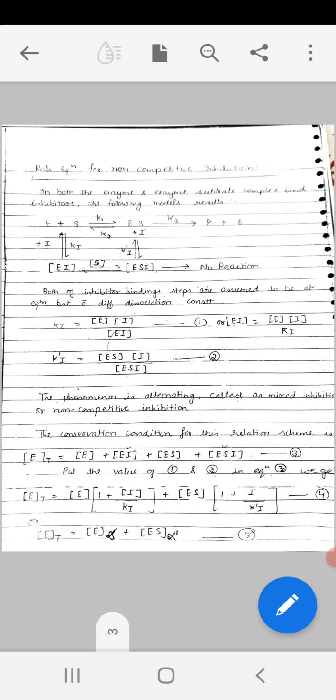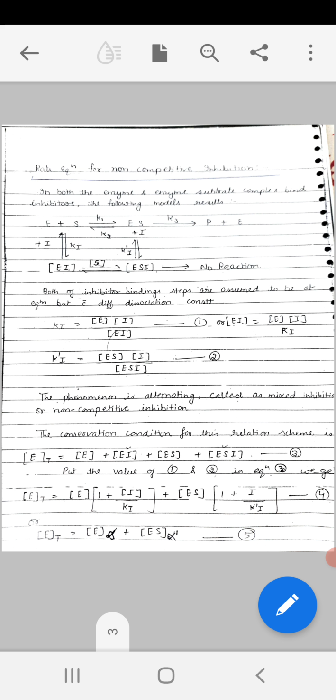Put the values from 1, 2 and 3 in the equation. From 1 we take the EI concentration, then from 2 we take the ESI concentration, and the ES concentration we keep as in the diagram above. So Et is equal to E bracket 1 plus I concentration upon Ki bracket close, plus ES concentration, bracket out, common, and inside the bracket 1 plus I upon Ki dash. This is equation number 4.